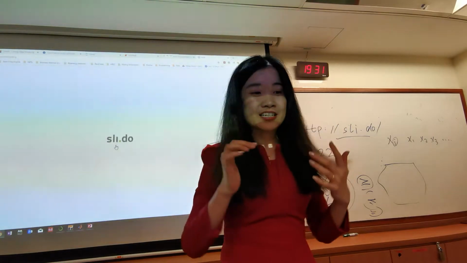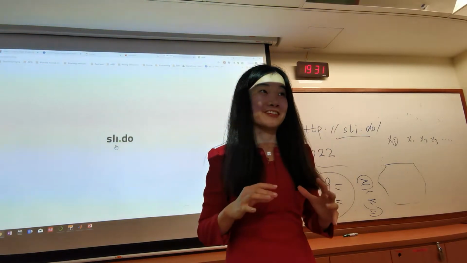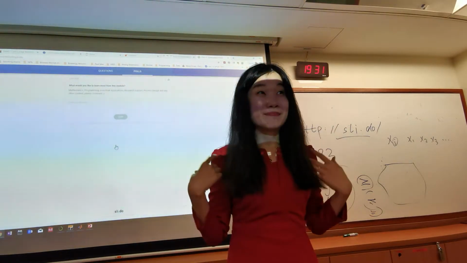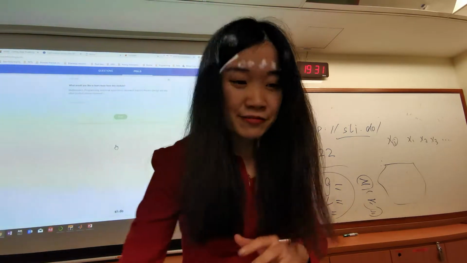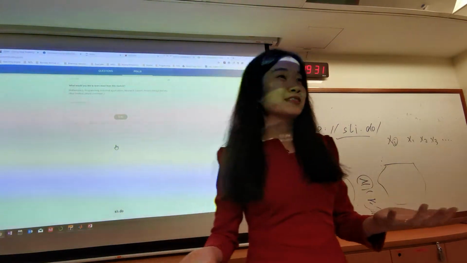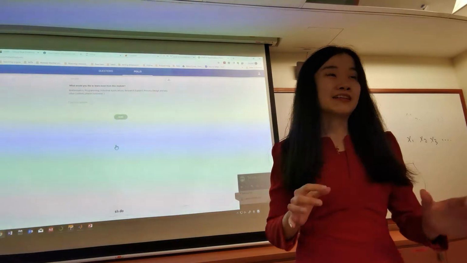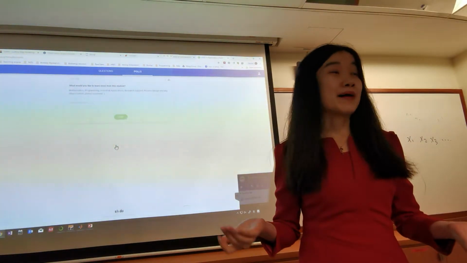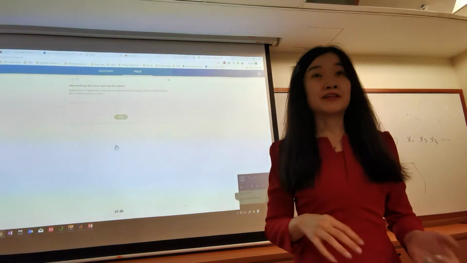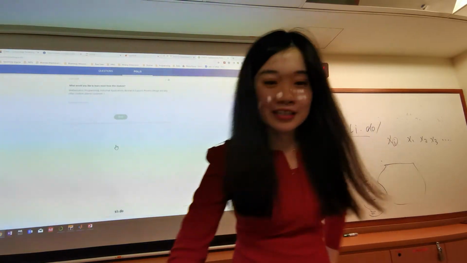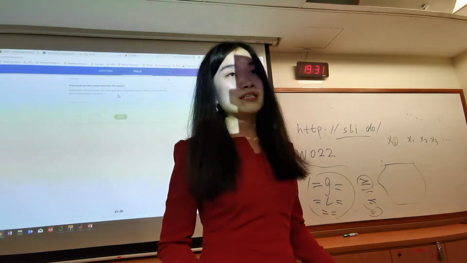Because normally we teach a lot of mathematics. We thought this is good for your learning, for your scientific background. But in business schools, they also teach optimization. They give you a lot of examples. You don't have to understand the math behind it, but you know how to implement it. So I want to know what you really want to learn from this module.